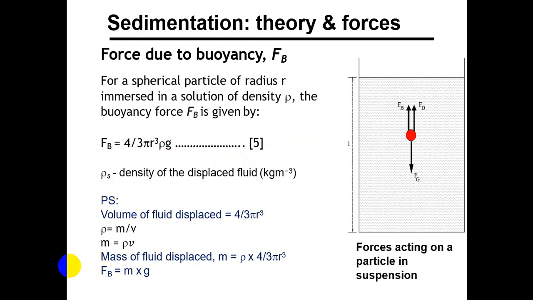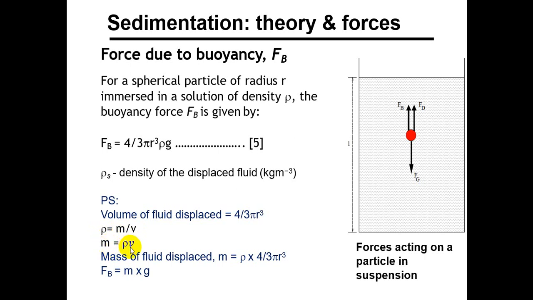The volume of fluid displaced is equal to 4 over 3 pi r cubed. Like I said, the volume of fluid displaced is equal to the volume of the particle which has been suspended, which is floating or sinking in the medium. We have density equal to mass over volume, so mass equals density times volume, because we multiply volume by density to get mass.